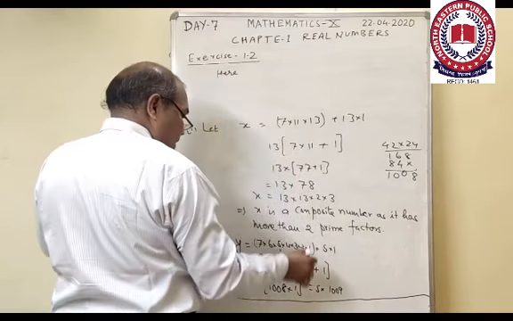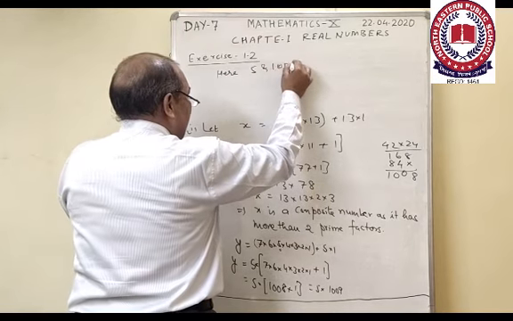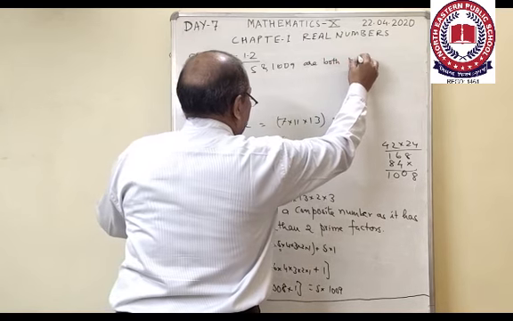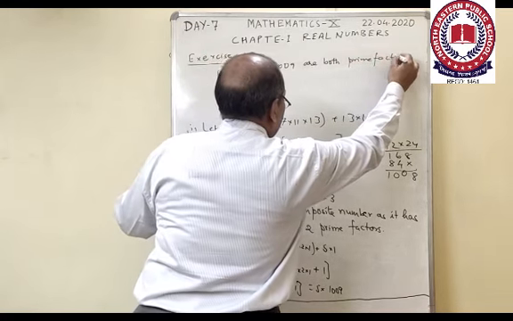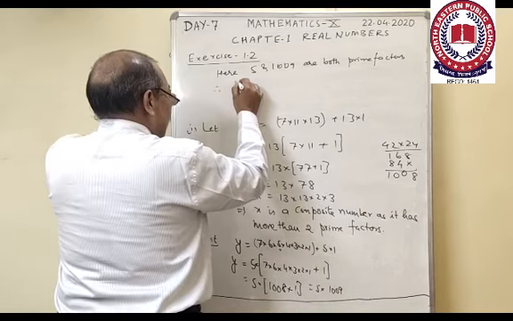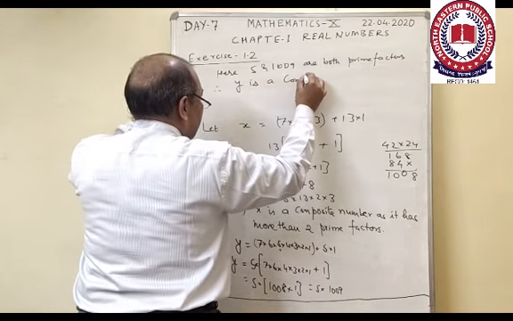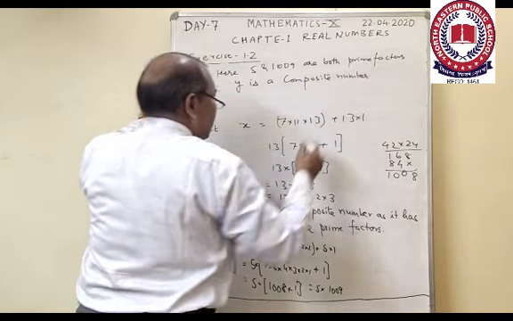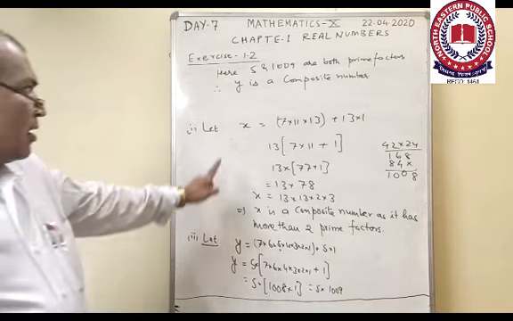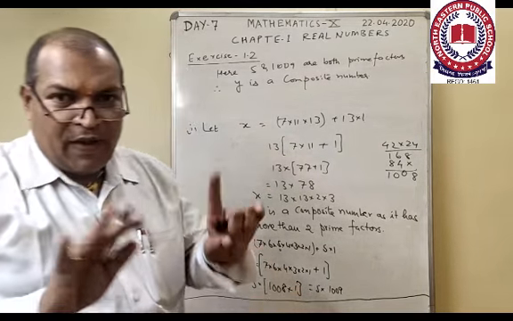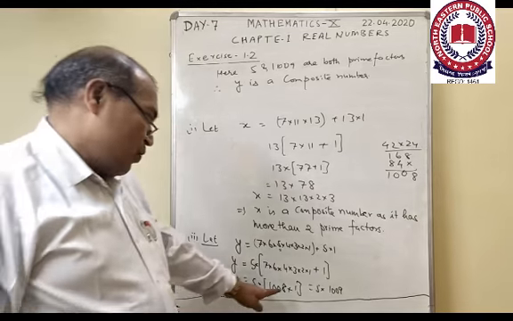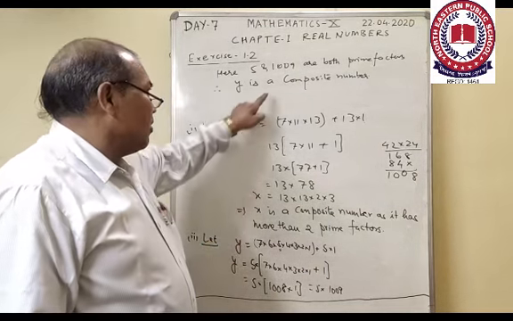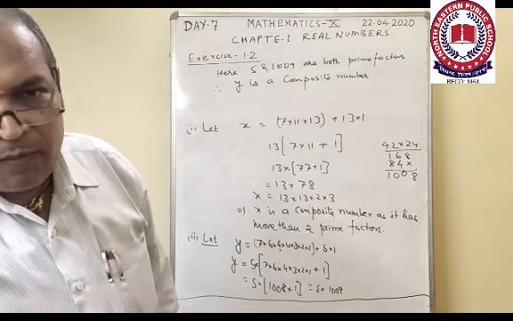Here 5 and 1009 are both prime factors, and therefore y is a composite number. So as we know, if a number has 2 prime factors, it is called a composite number. We are getting 5 and 1009 as 2 prime factors of this number y, and hence we can declare that the number given is a composite number.